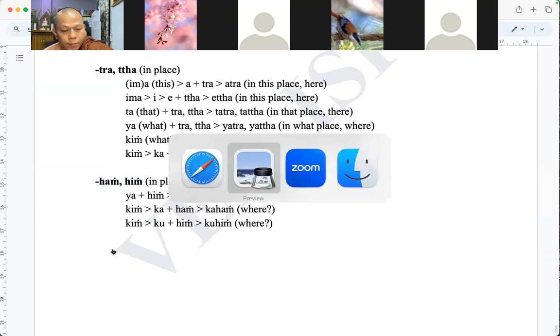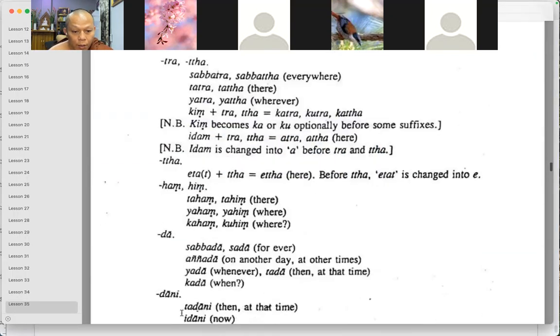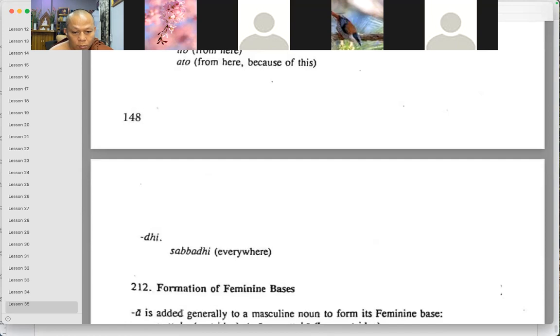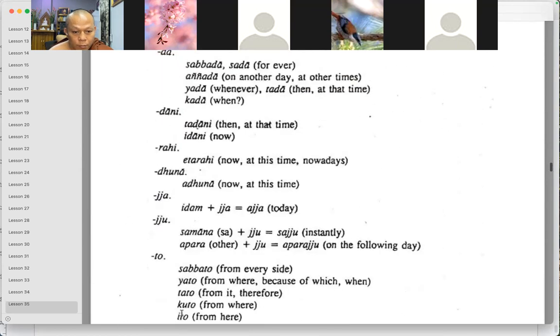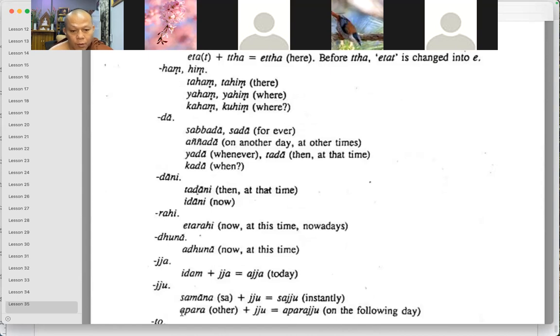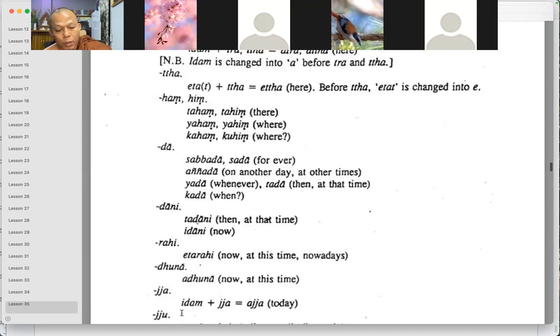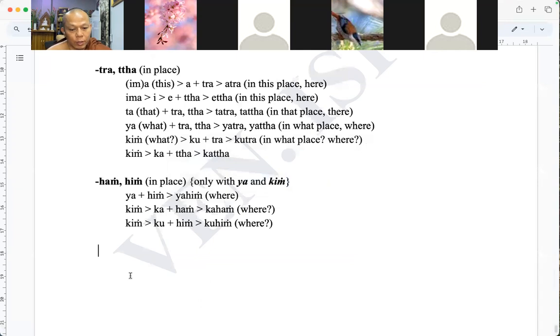And then the next suffix is da. Actually, we should go D, D, D. So we have the one suffix also in the previous lessons we already learned, but not included here. That is da, also in place. That is only with the ima.